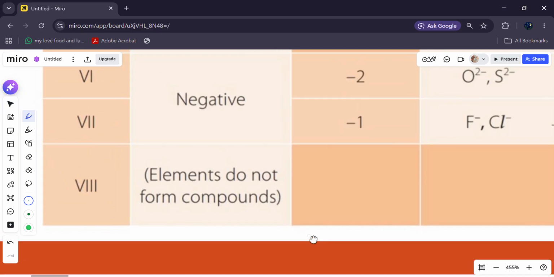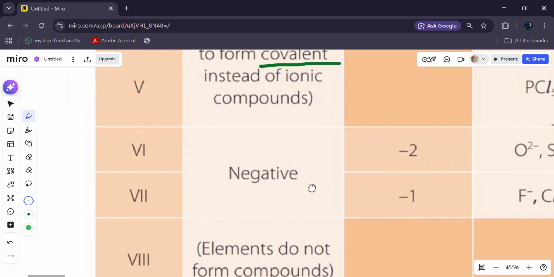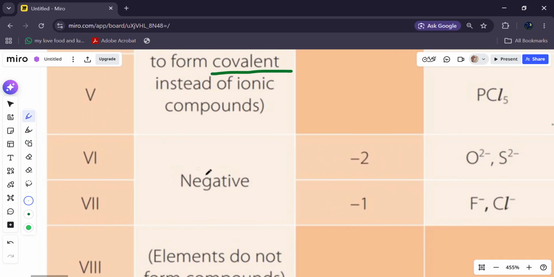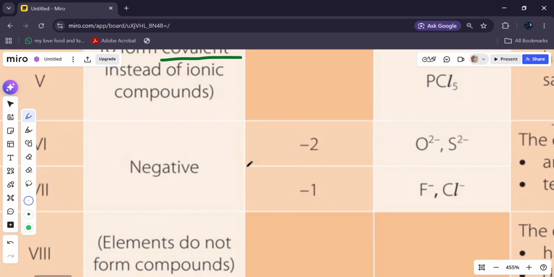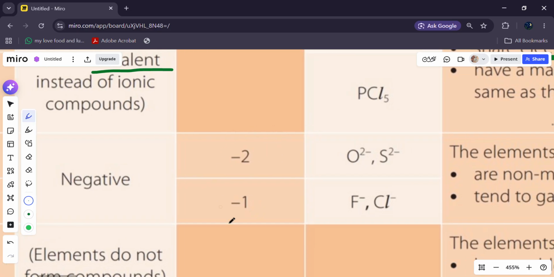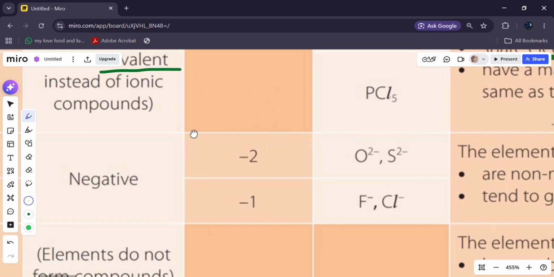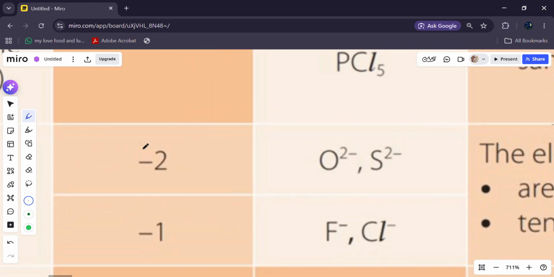If we move on to groups 6 and 7, we have negative ions, because the elements in groups 6 and 7 tend to be non-metals, and non-metals gain electrons. They don't give, they gain. So they will form negative ions.